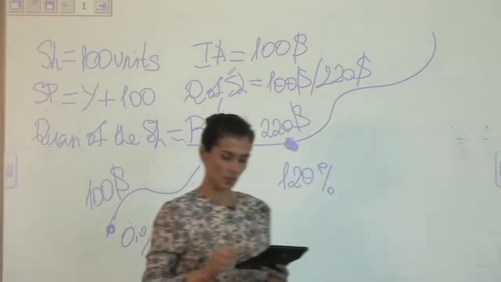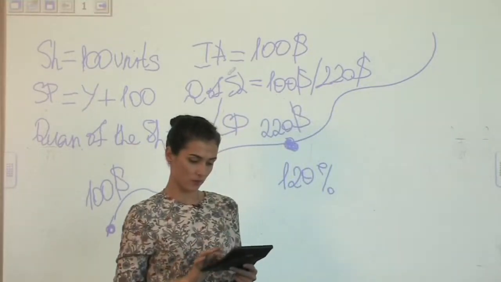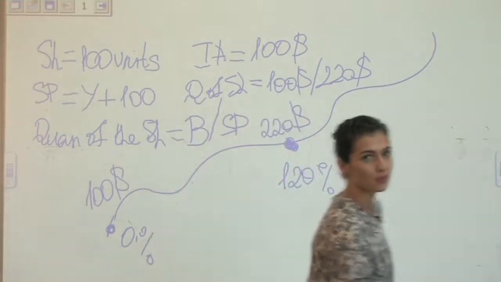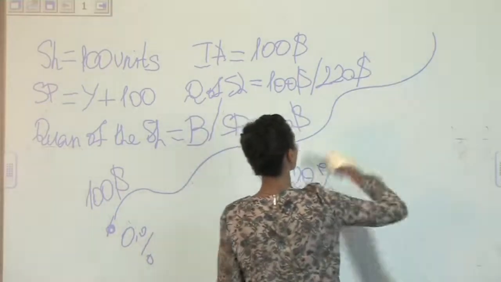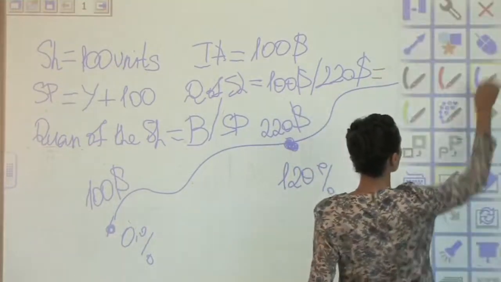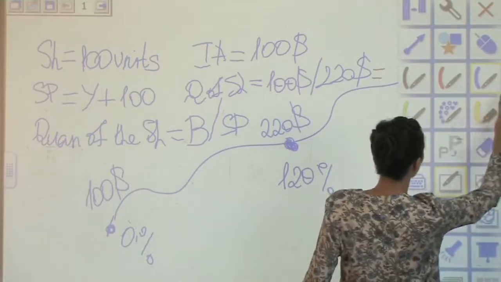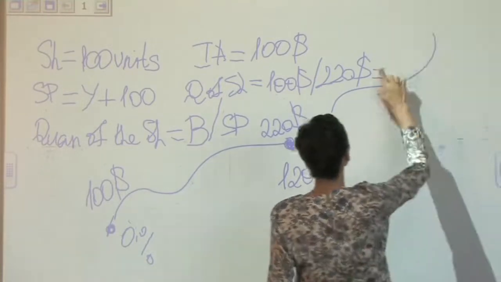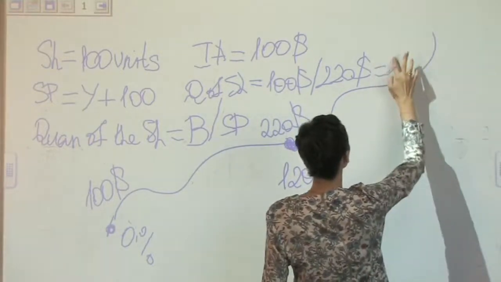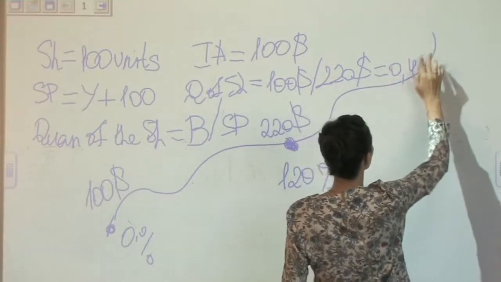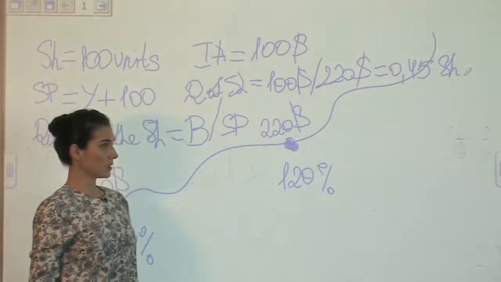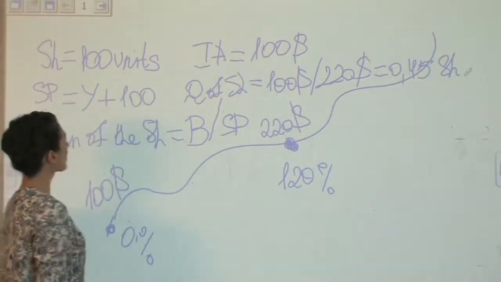Let's count it up. 100 divided by 220, right? 0.45 units. 0.45 shares. So this is the second formula.